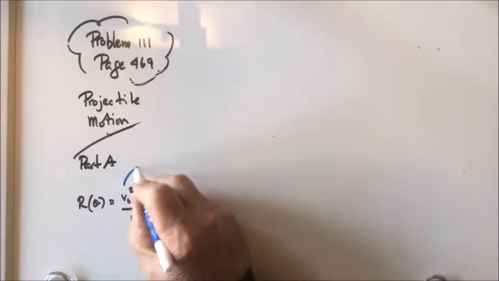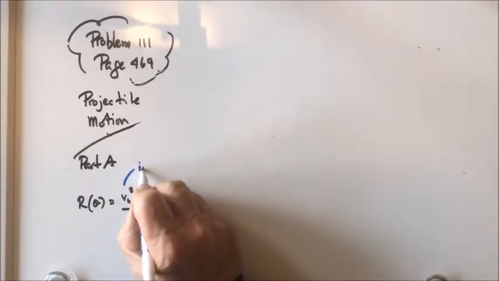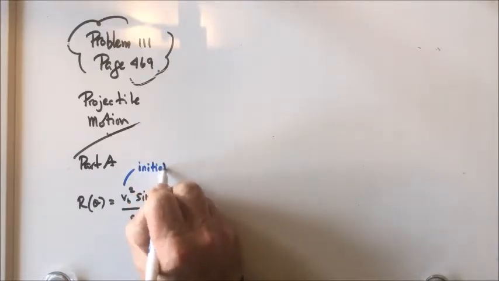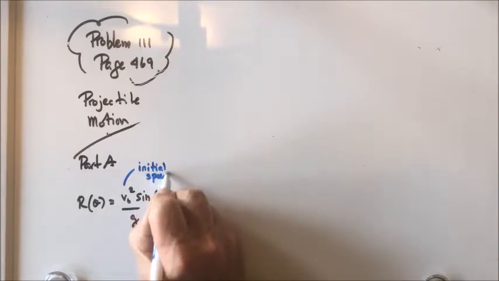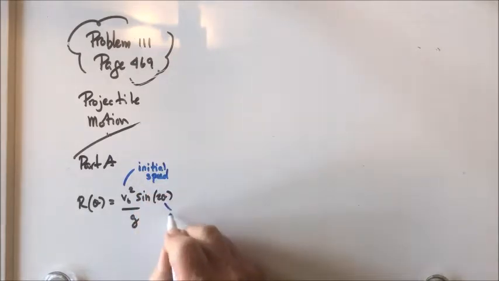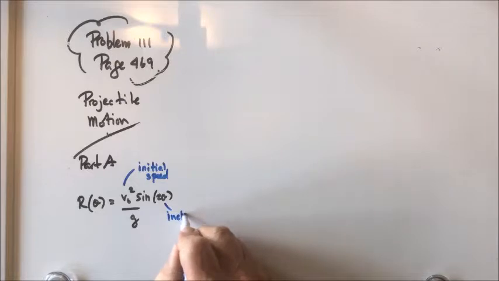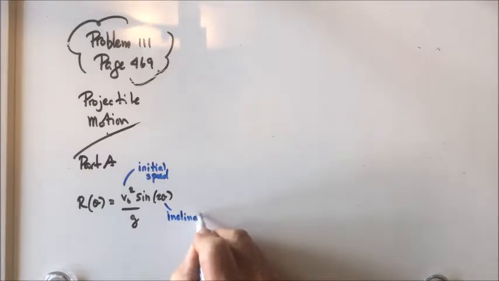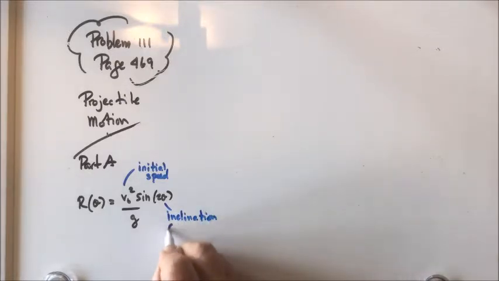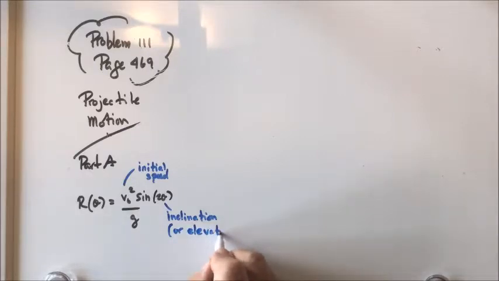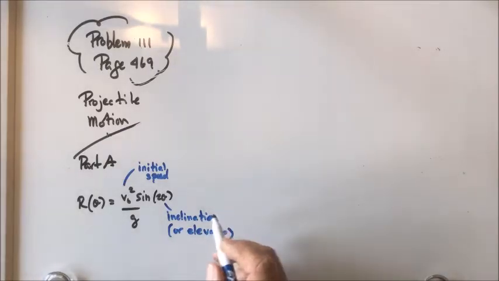A particle is being launched or thrown with an initial speed at an initial direction. So I would prefer to call this the angle of inclination. Maybe you want to call it elevation. It's the angle with respect to the horizontal.